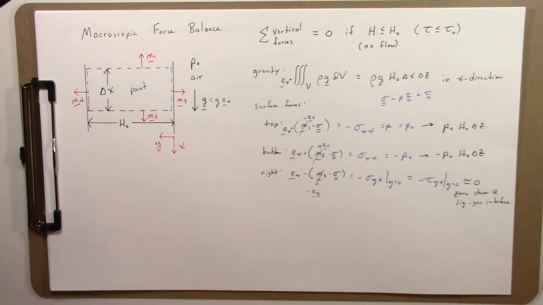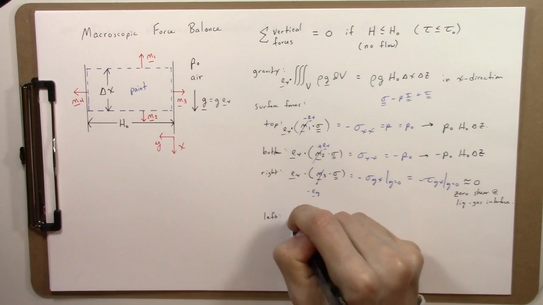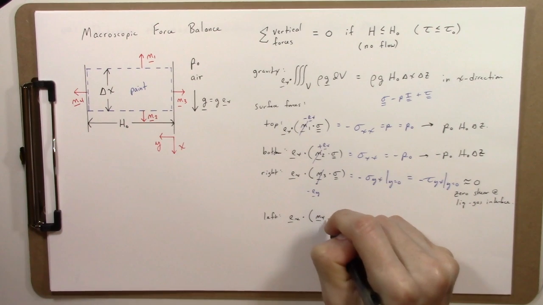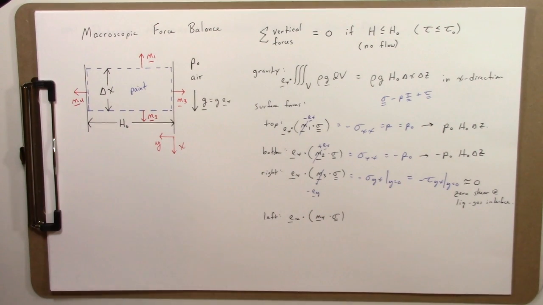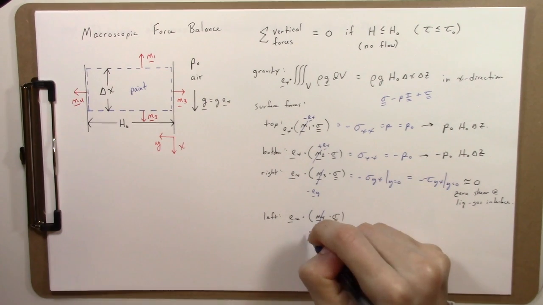So finally we have the left-hand side of this control volume. We want the x component of the stress, e_x dotted with n₄ dot σ. n₄ points in the positive y direction, so n₄ is plus e_y.